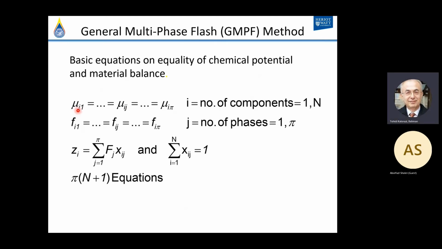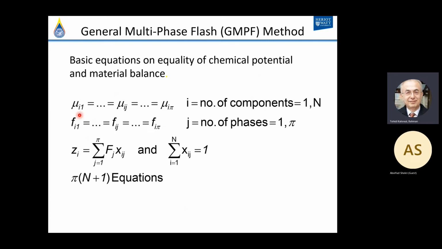Now, the chemical potential of component I in phase 1 should be equal to the chemical potential of component I in phase 2, and the same component in phase pi. For an isothermal system, that becomes fugacity equilibrium. Fugacity is best described as escaping tendency.